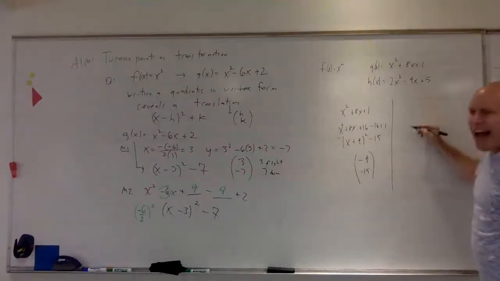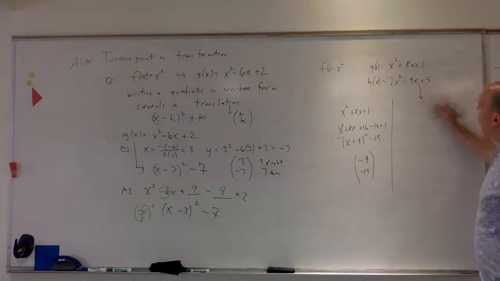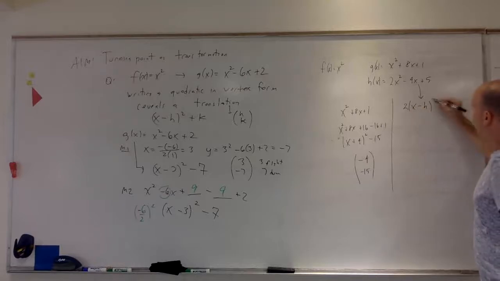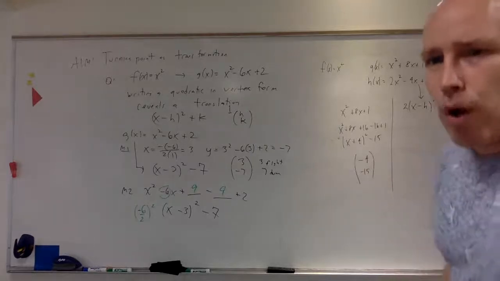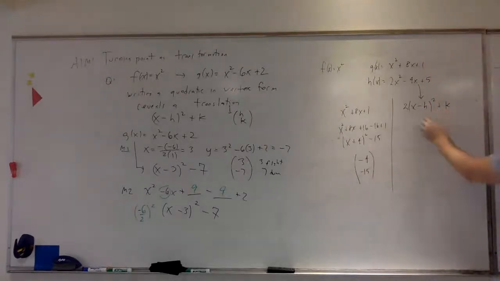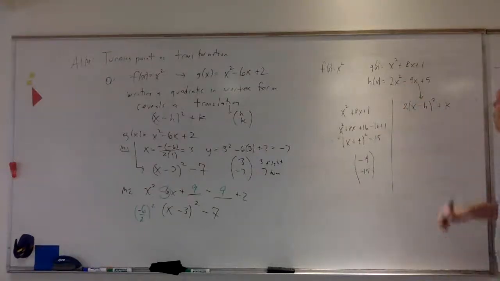So for the next one, I think I'm just going to find the turning point. I know that this can be rewritten as 2 times x minus h squared plus k. I just have to figure out the turning point. This might show up. So I know it's in this form, and I know the 2 comes out. So let's see, what is the turning point?